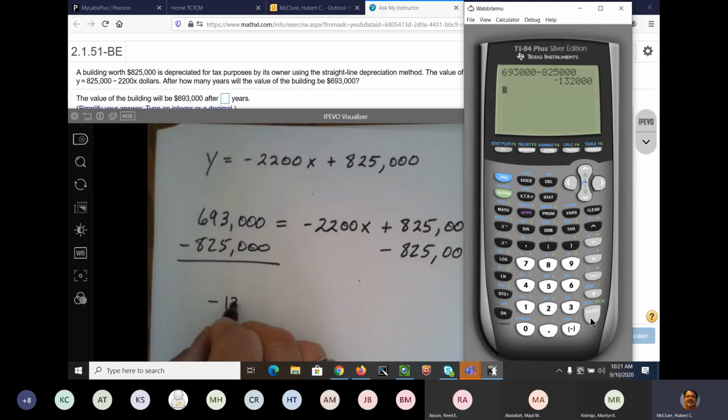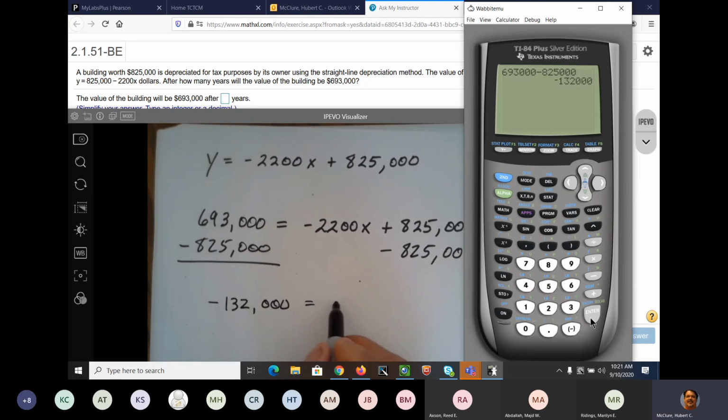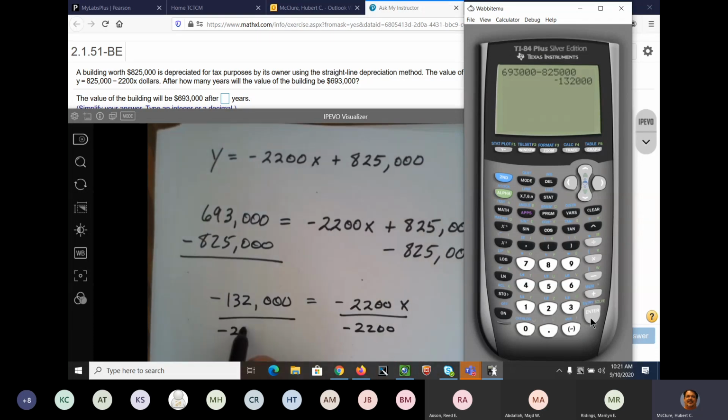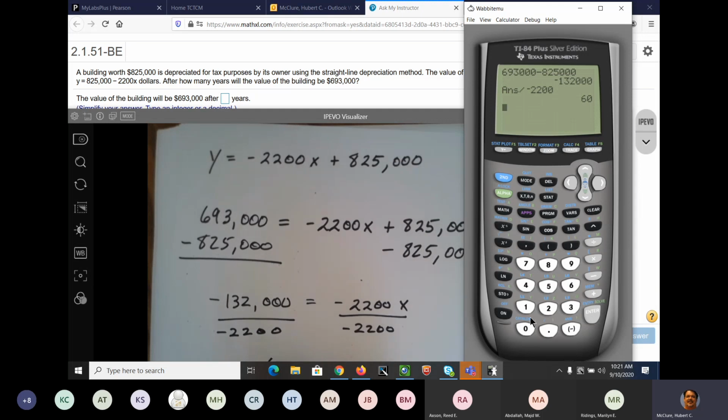Negative 132,000 is equal to negative 2200X. Divide by negative 2200. And X is equal to 60 months.